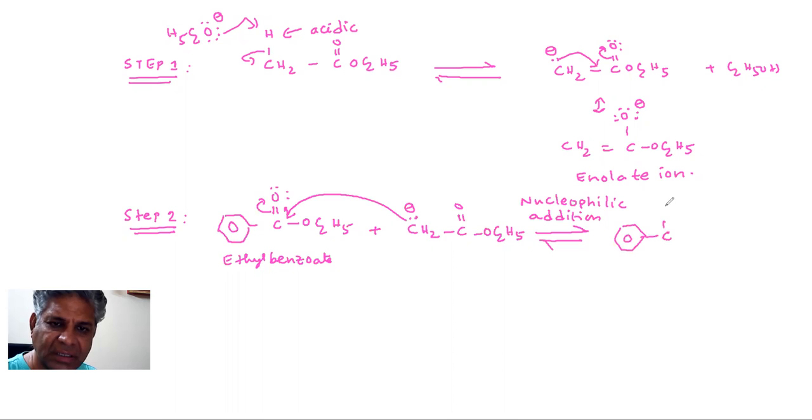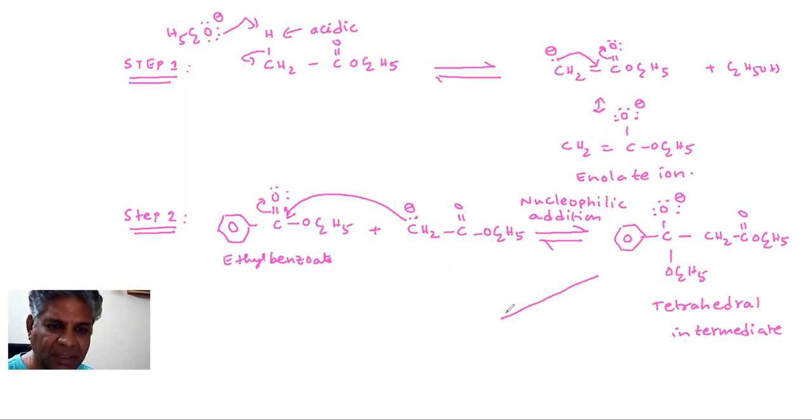So this is your C O minus, and then O C2H5, and then see this is the new carbon-carbon bond formed, C double bond O C2H5. Now, as I already told you, this is your tetrahedral intermediate. Now this undergoes an elimination. So this is an elimination step.